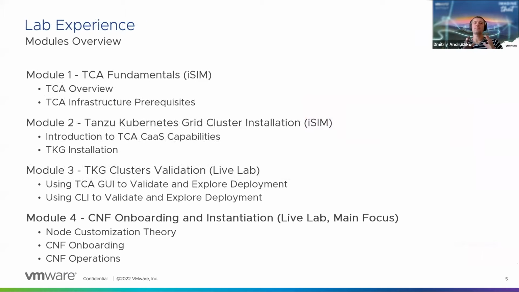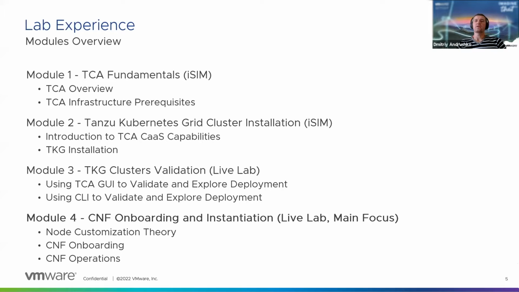The lab structure has 4 modules. The first 2 modules are presented in the form of iSIM, a simulation which gives you a general understanding of TCA capabilities and the features implemented inside TCA.